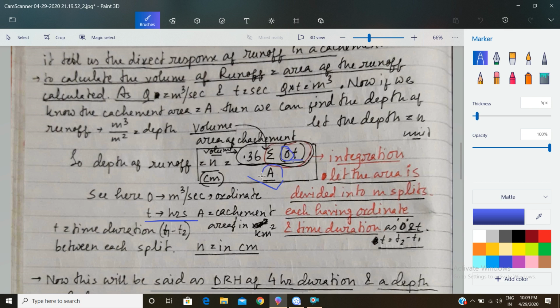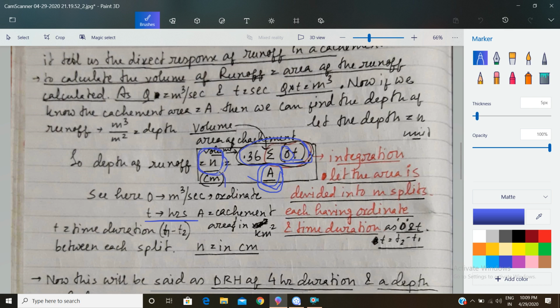A in kilometer square, the area of the catchment, then you will get the depth of the runoff. This portion is the area of the diagram, meaning the volume of the runoff, and this is the area of the catchment. If you divide volume by area, you get the depth.